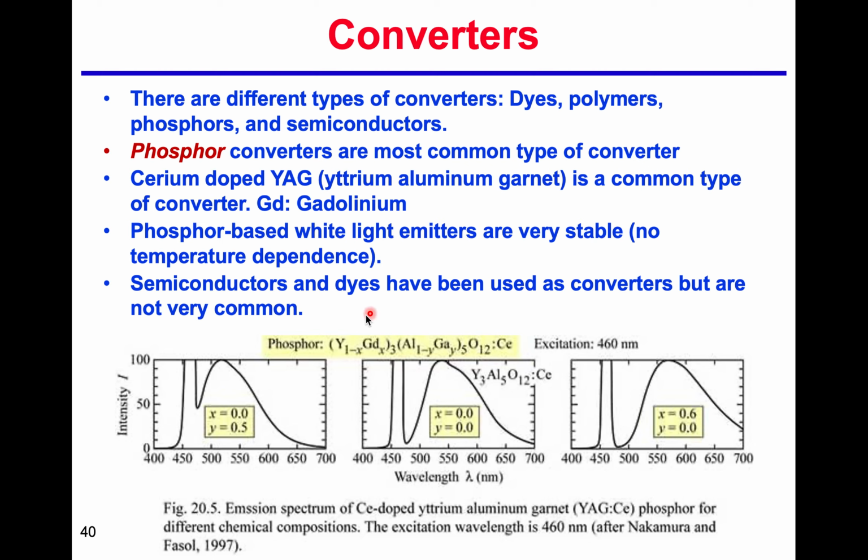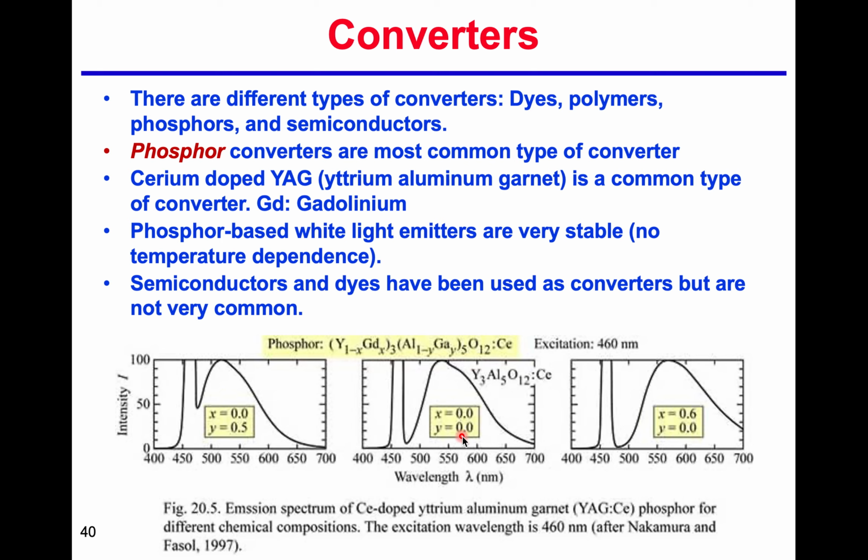That is inorganic phosphor. It consists of yttrium, aluminum, and gadolinium, and when changing the different ratio, the X and Y values here, they can slightly change the emission band. So for example here, if we increase the Y value, Y value is 0.5, is 0, okay.